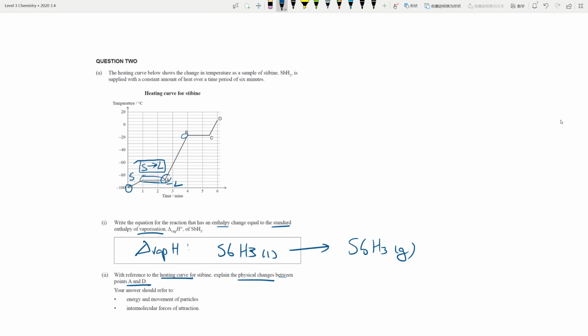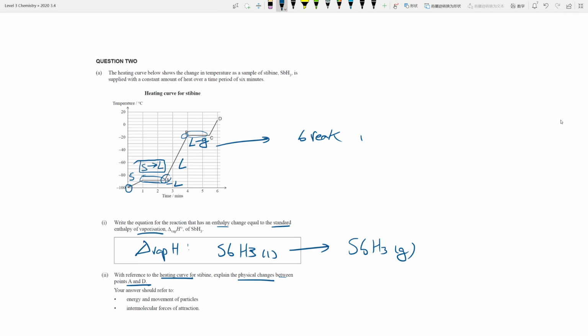From A to B, the energy is going into the liquid, and the particles are bumping around, moving around, very excited. But from B to C, this is going from liquid to gas. Okay, so that's the enthalpy of vaporization that we talked about here. The temperature is not increasing because the heat energy has gone into the liquid to break the intermolecular forces.